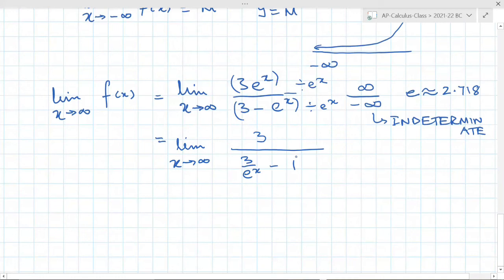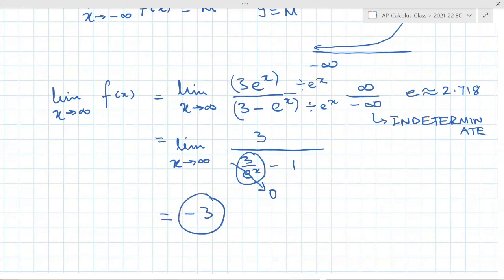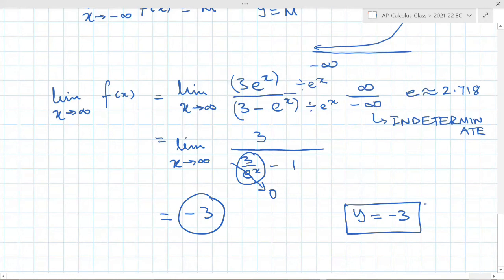Now can I plug in infinity? What will happen? Because now I have 3 over infinity. So what will this become? Negative 3. So when x is going all the way to the right, there is a limit, right? Finite limit. So one horizontal asymptote is y equals negative 3. This is happening on the right side.